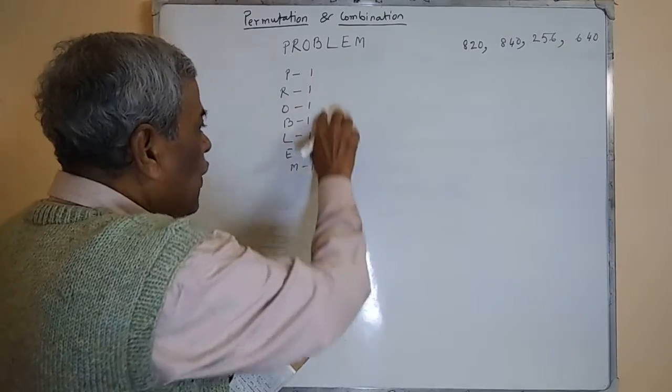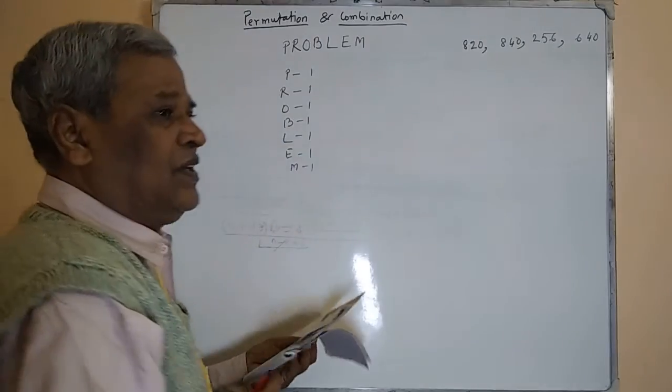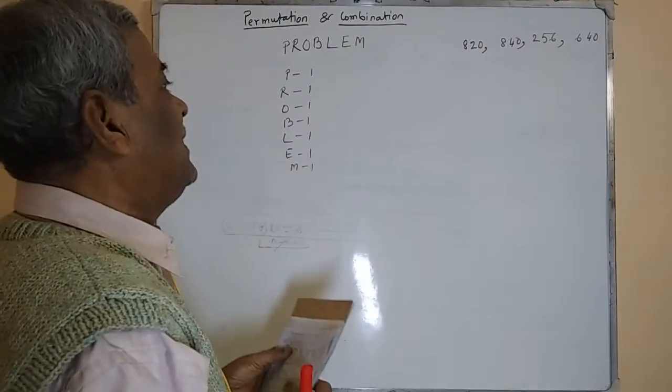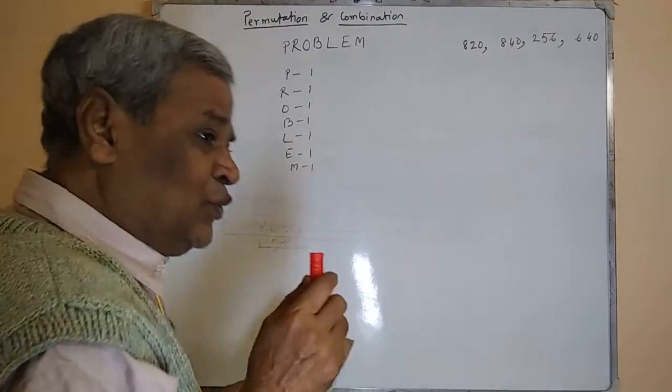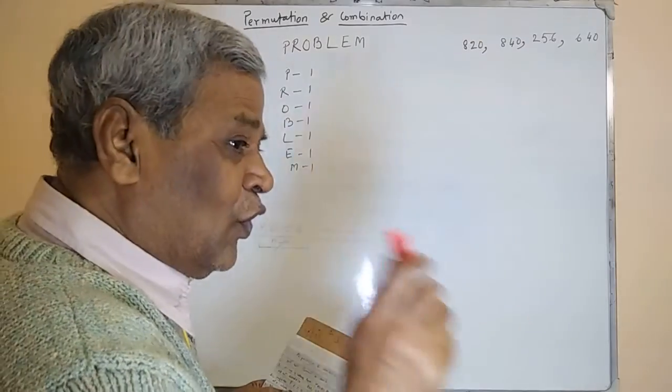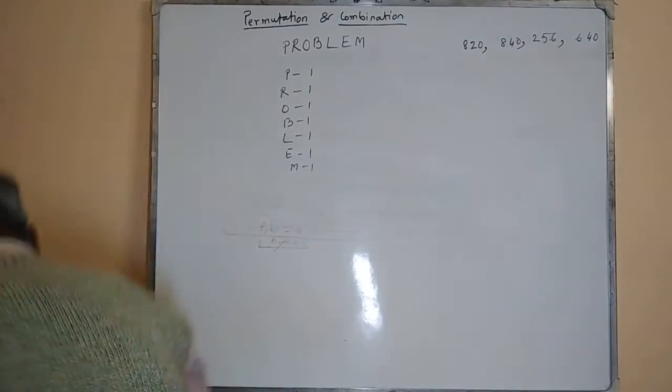So you see all given letters are distinct, the objects are distinct, and we have to select 4 at a time to form a word. Formation of a word is a problem of permutation, as I just told you.